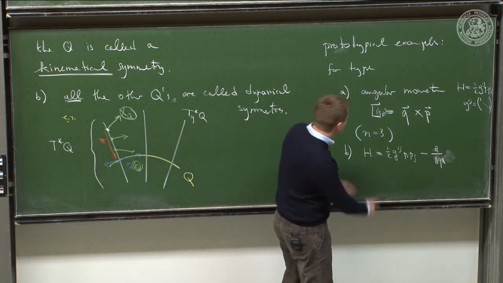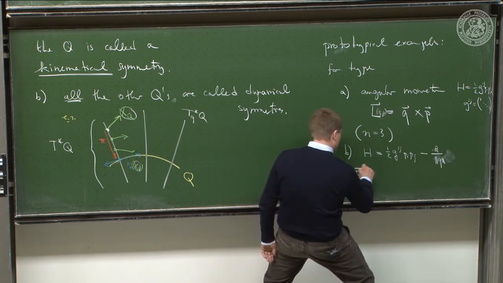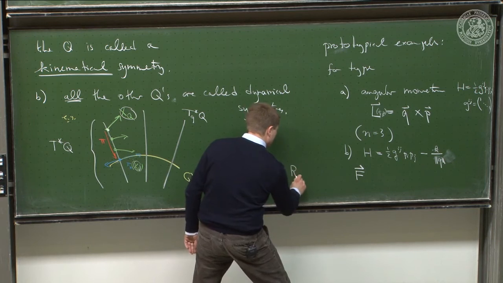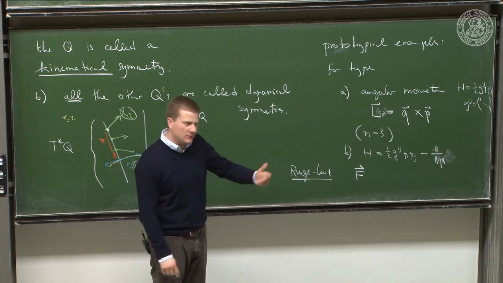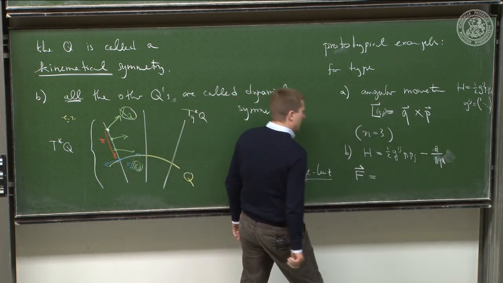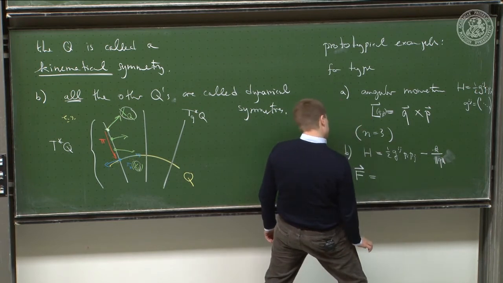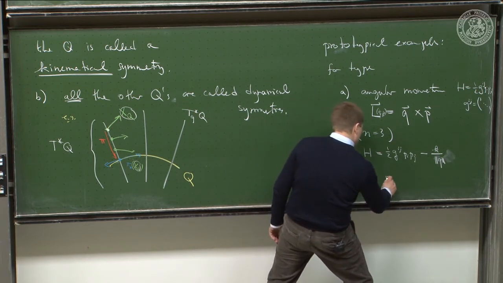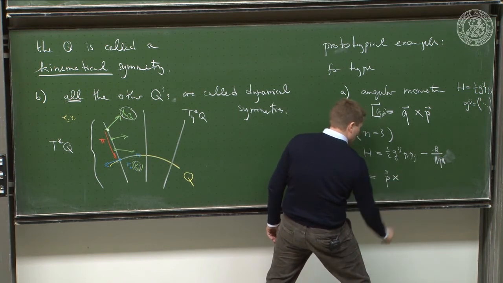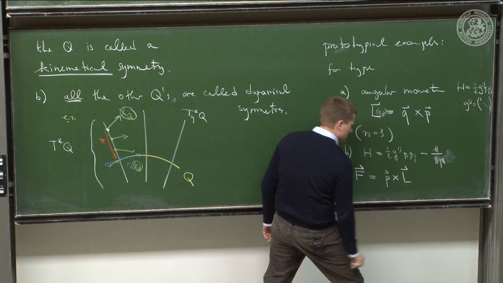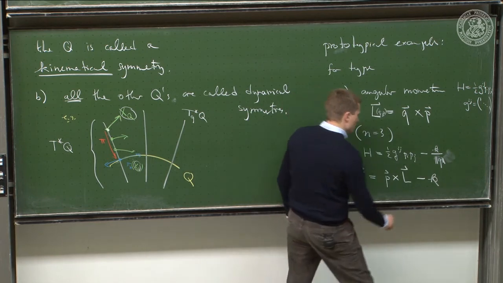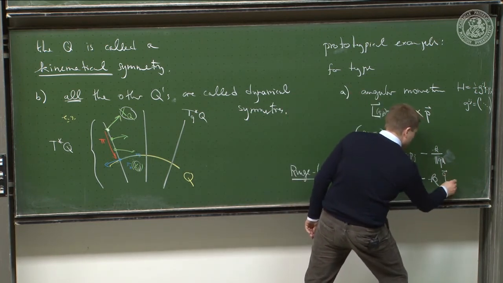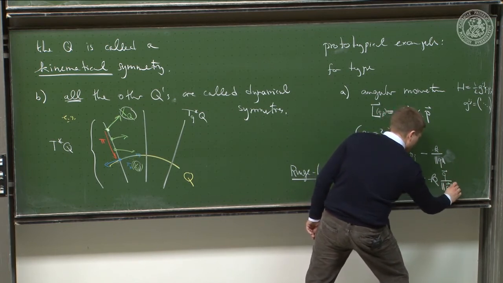Okay. Then you have this object, which we call capital F. It's not the force, it's the Runge-Lenz vector. Because it has 3 components, we're not talking about 1 conserved quantity, we're talking about 3 conserved quantities. You may remember that this is given as P cross angular momentum minus K Q vector divided by Q vector absolute value squared.